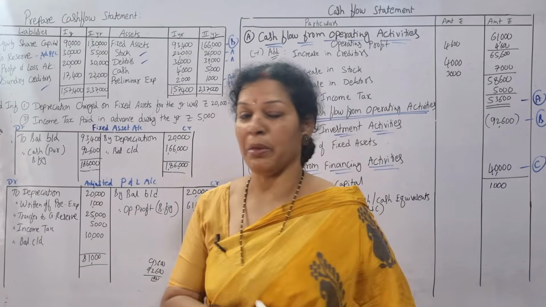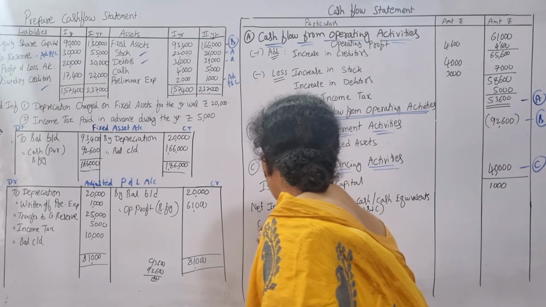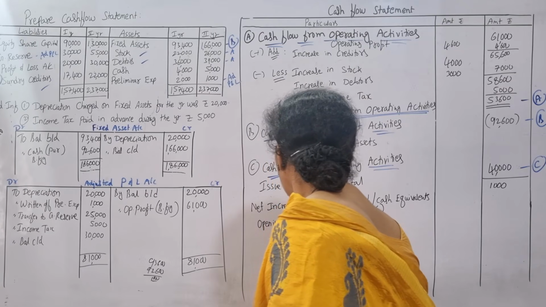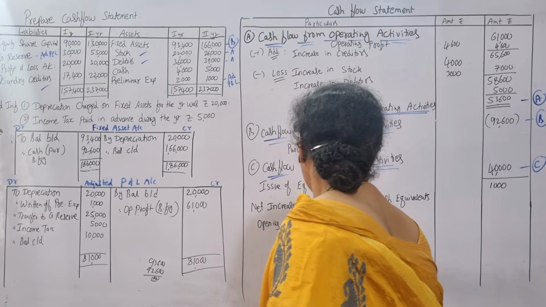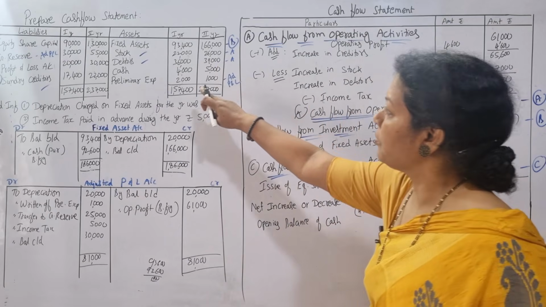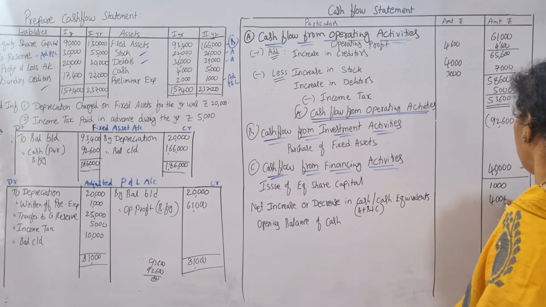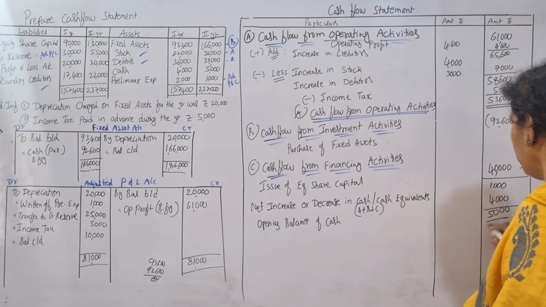Opening balance of cash. Opening balance of cash is how much? 4,000. So 5,000 we are getting. 5,000 is what?